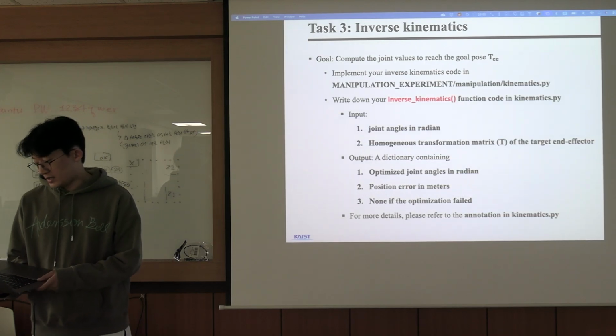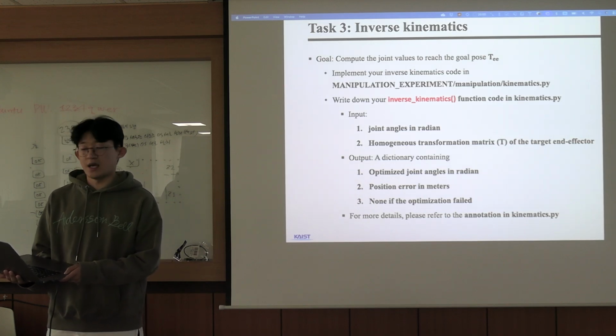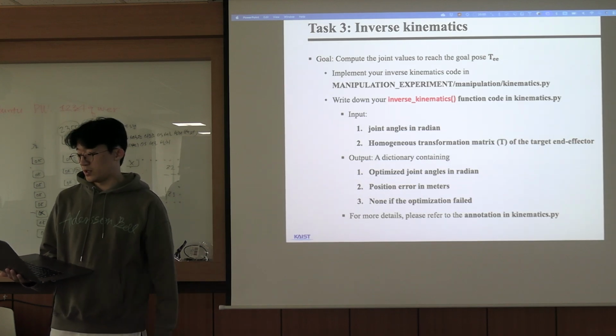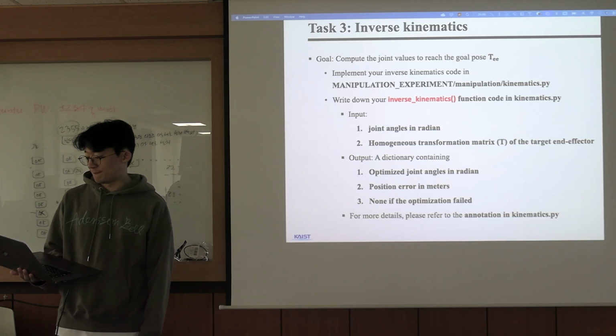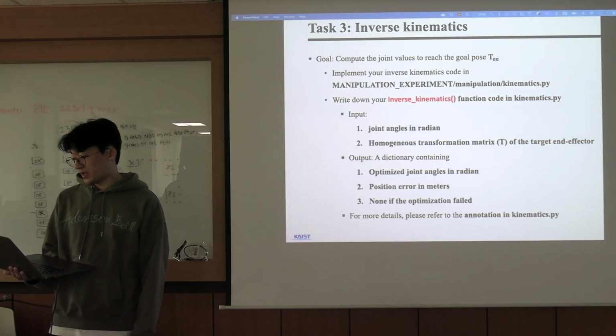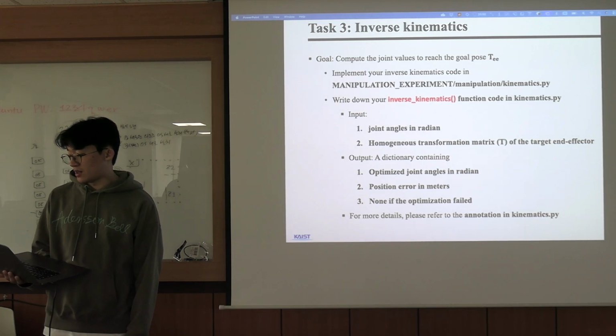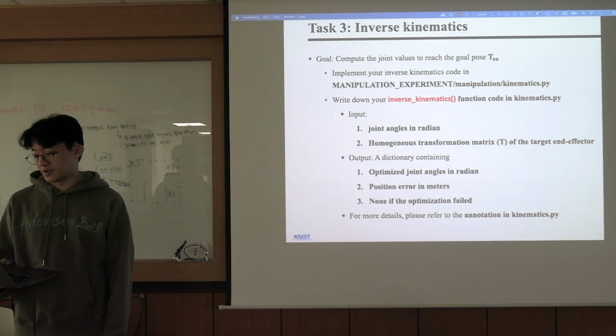So, in task 3, your goal is to compute the joint values that achieve the target end effector pose. You will implement your function in kinematics.py by writing the code for inverse kinematics. The inputs to this function are the initial joint angles in radians and the homogeneous transformation matrix of the target end effector.